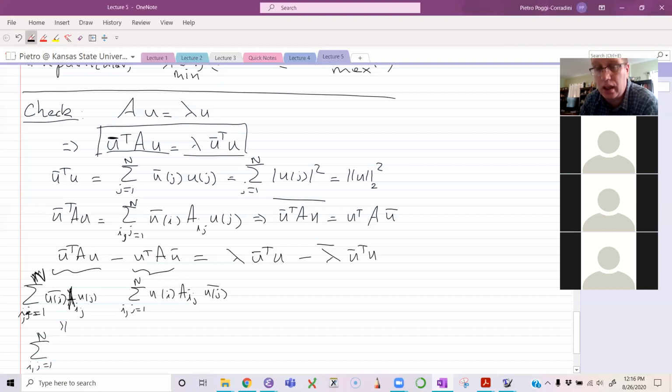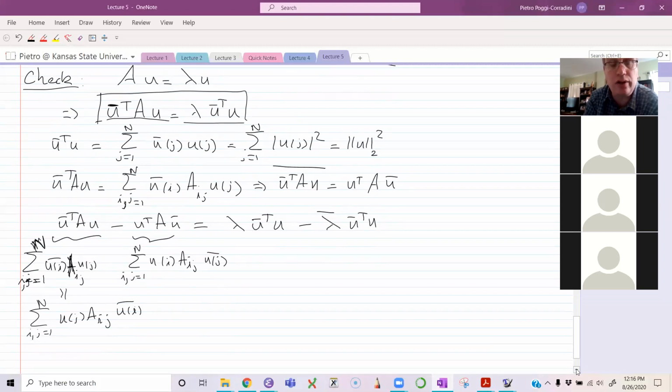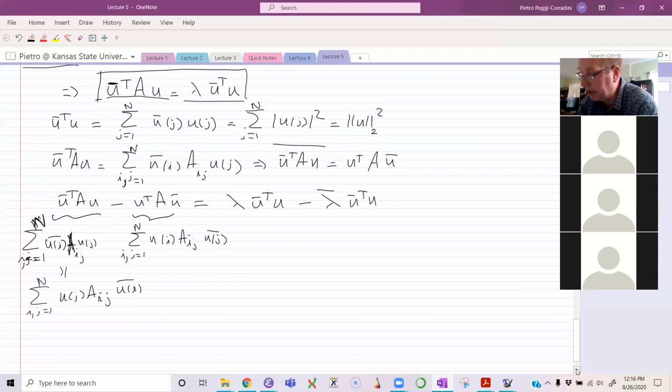I can use that this is just a multiplication, so I can move the terms around however I want. And then I haven't used the fact that A is a symmetric matrix yet, but I can switch the i and the j.